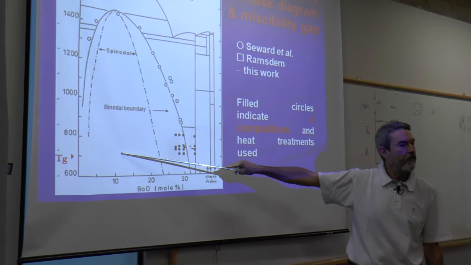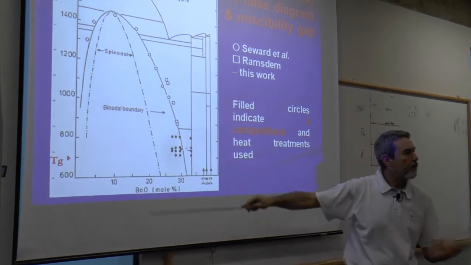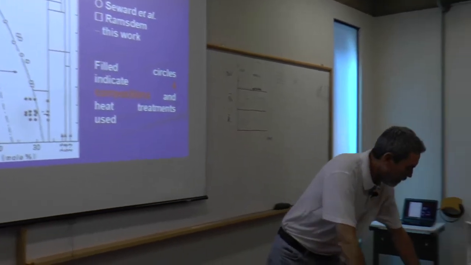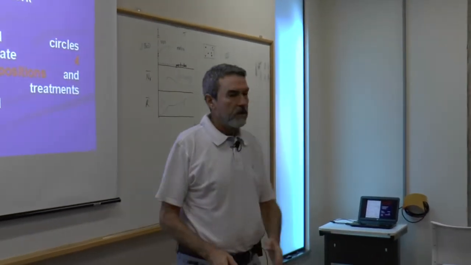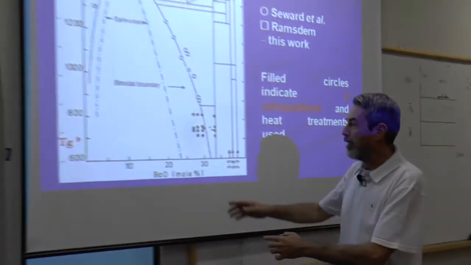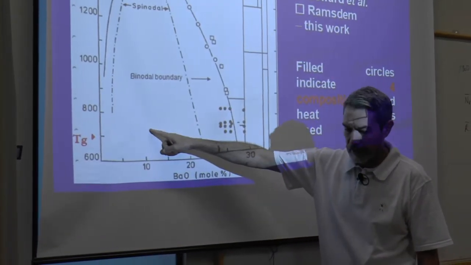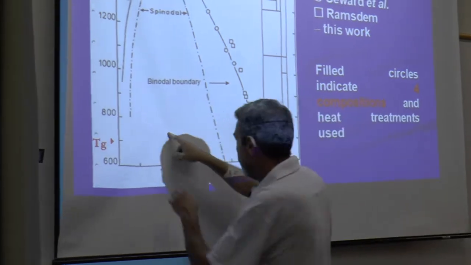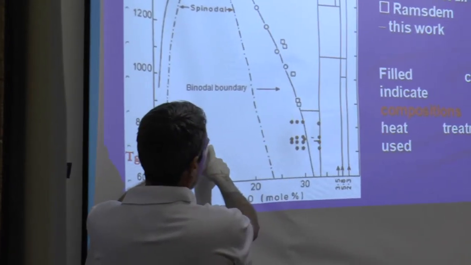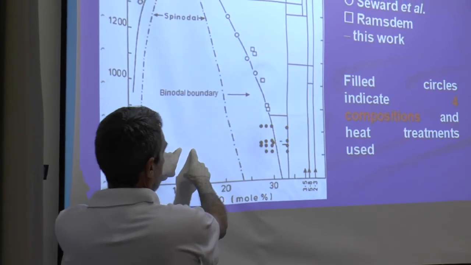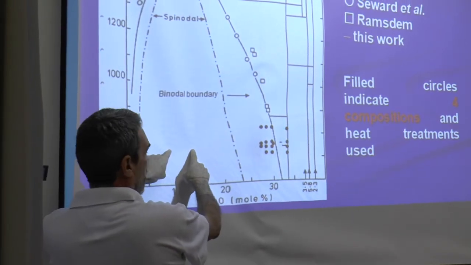This is a totally different mechanism. This is not by nucleation growth. Spinodal decomposition. It's a continual separation of two phases. For a composition here, we have fluctuations leading to one phase to this side, another phase to this side.